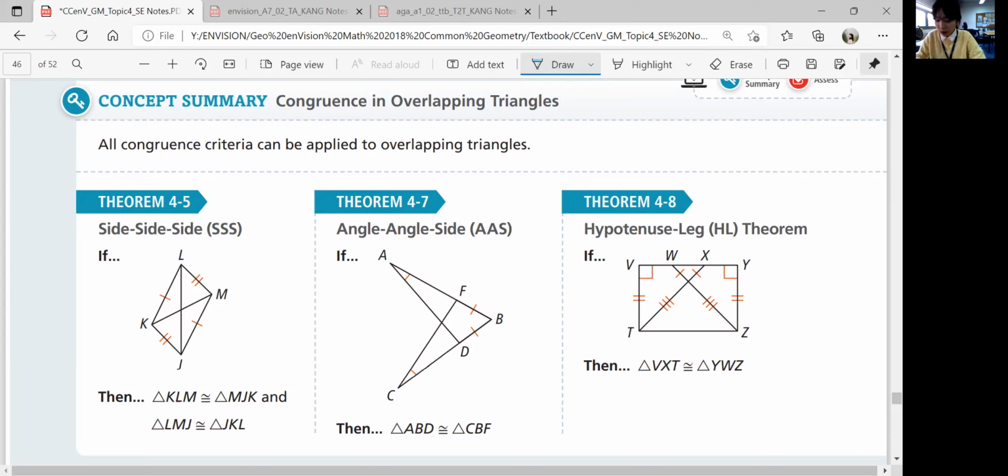By looking at the overlapping triangles in this lesson, what observations have you made about the different ways triangles can overlap? You might have noticed that overlapping triangles can share a side, an angle, a part of a side, or a part of an angle. So using that information, you're going to identify corresponding angles and sides and use the congruency theorem to prove the triangles are congruent.